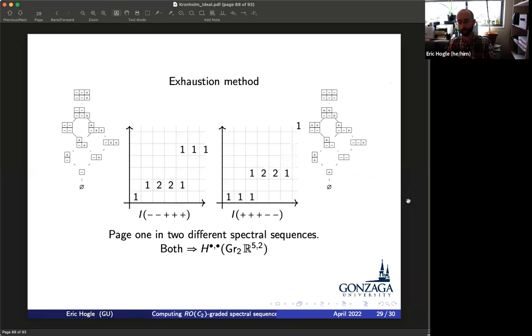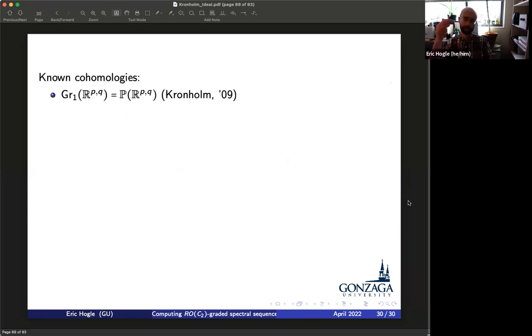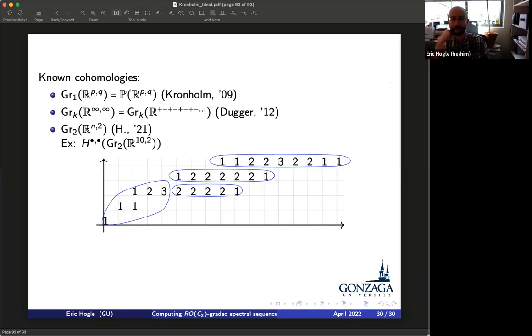So what I've been able to figure out so far: Kronholm in 2009 came up with all of the projective spaces. My thesis advisor, Dan Dugger at the University of Oregon, actually did the infinite version of this in 2012. And then I was able to figure out the Gr2s.